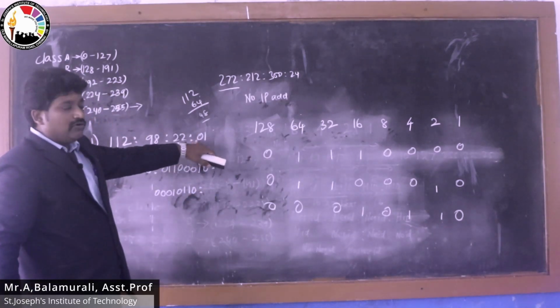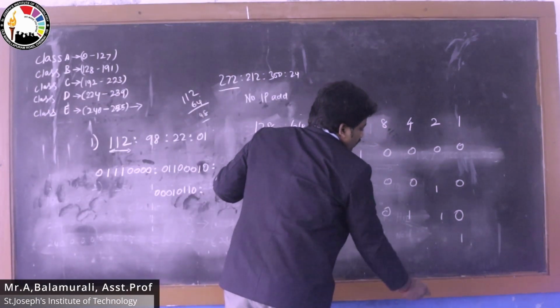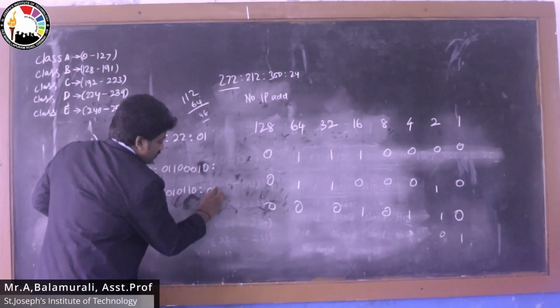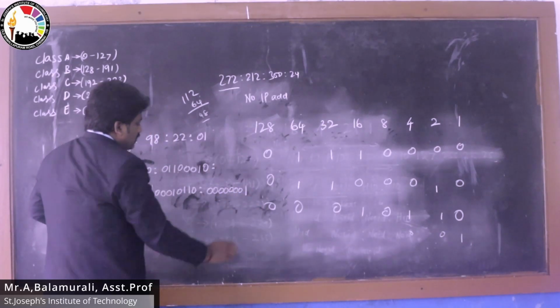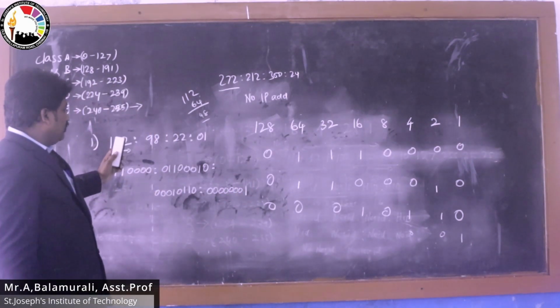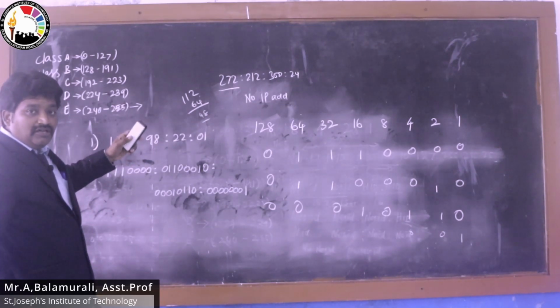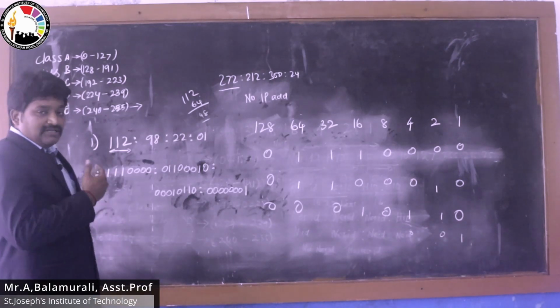Then for 01, only the last place is marked 1, and the remaining bits are 0. So this is the binary value for this IP address. 112.98.22.01 is the decimal number that you want to convert to binary notation. This type of problem they also ask.